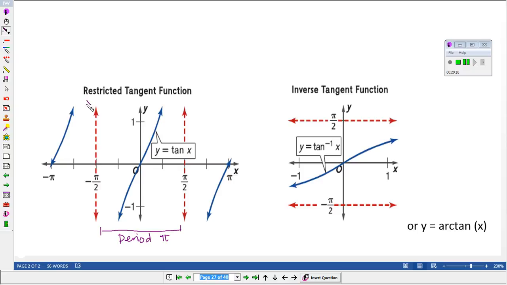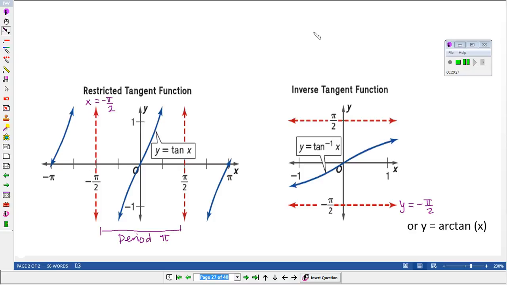And then again, the vertical asymptotes, we have two vertical asymptotes, x equals negative pi over 2, and they become horizontal asymptotes, y equals negative pi over 2. And again, the inverse of tangent you can write with the negative 1 as an exponent, or you can write arctangent.